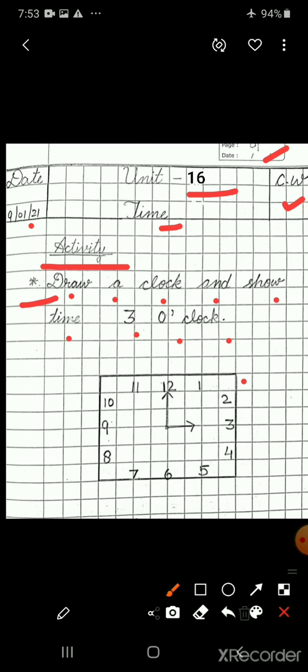I have made the clock in the shape of a rectangle and I have written the numbers also. Like this you will draw the picture of the clock very neatly, and then you will draw two hands, the hour hand and the minute hand. The minute hand you will put on 12 and the hour hand you will put on 3. Like this you will show the time 3 o'clock.